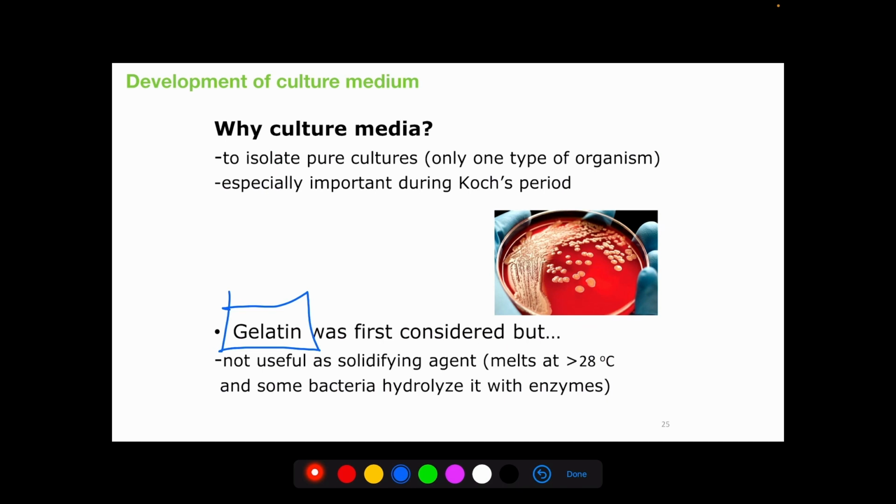But recently, it has lost its usefulness because it melts at temperatures more than 28 degrees Celsius, and also some bacteria were hydrolyzed with its enzyme, and so it's not being used as much.